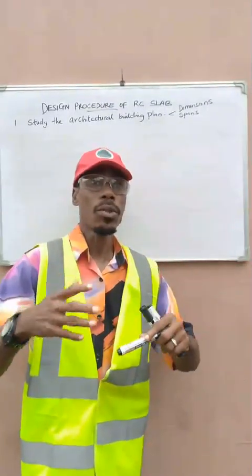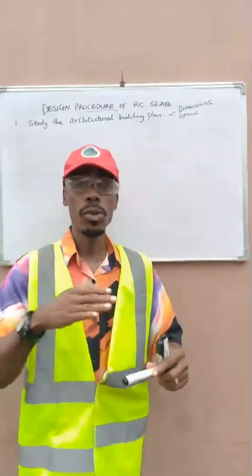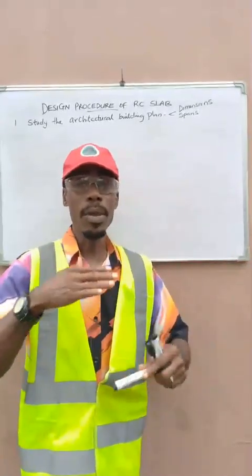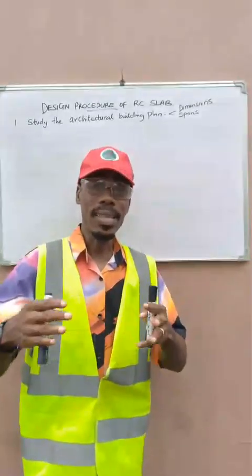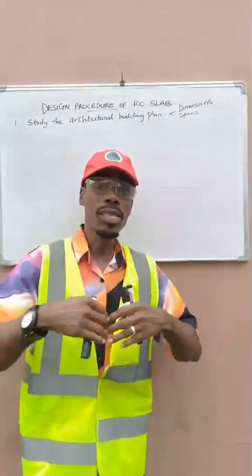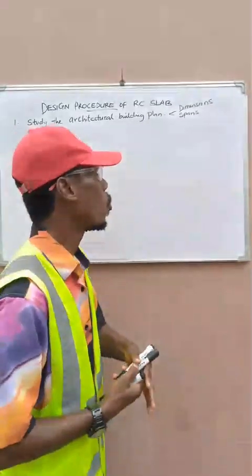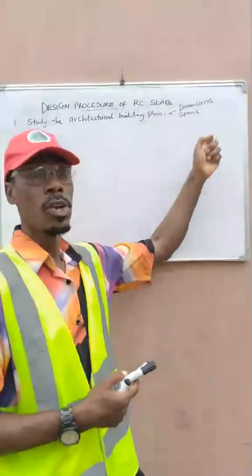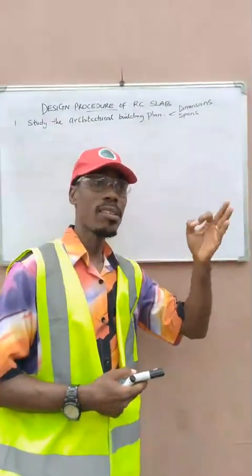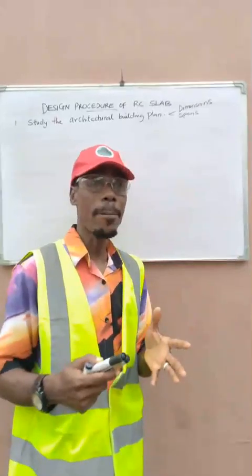These flexural members are hinged, like the slab is hinged to the beam, while the beam is hinged to the columns. So in that architectural floor plan, you have to determine the positions of these structural elements. You look at the dimensions and you look at the spans, and the span is basically the partitions within that building.